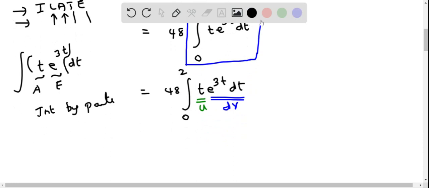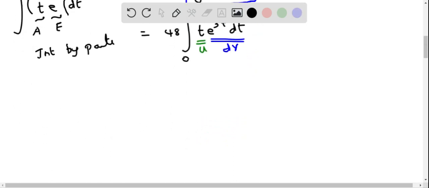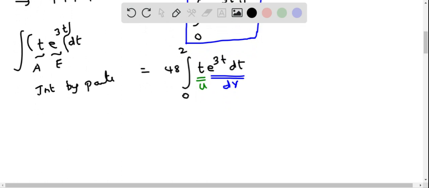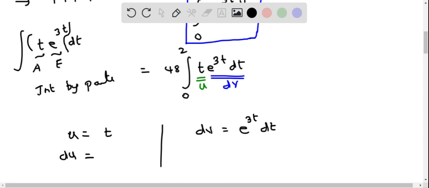So first let's figure out u and dv. We have u equals t and dv equals e raised to the power of 3t dt. Now this side we have to differentiate, so du equals dt, and this side we have to integrate.